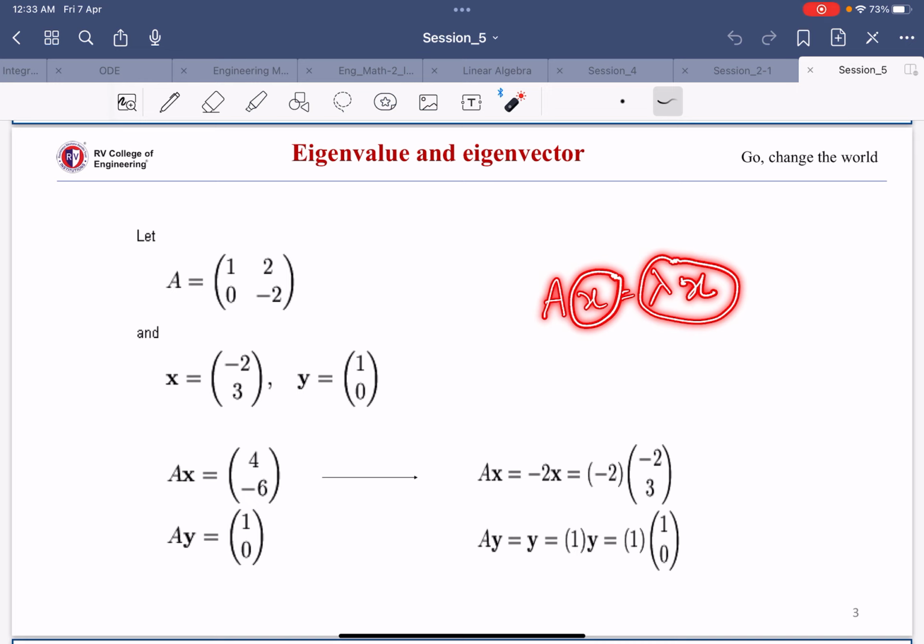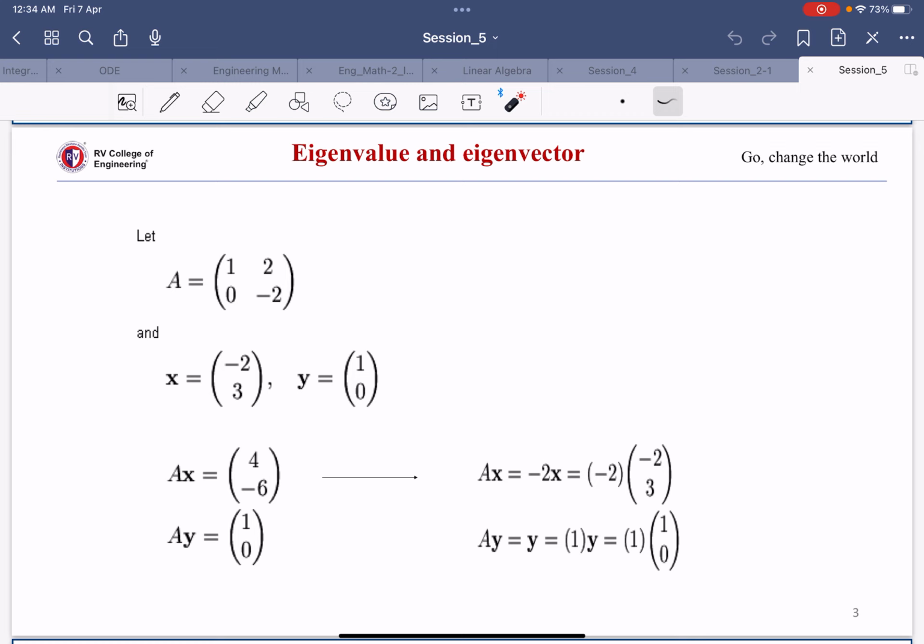In other words, if x is a vector which is operated by a transformation, say A, the direction of the vector remains the same. In other words, eigenvectors preserve the direction.